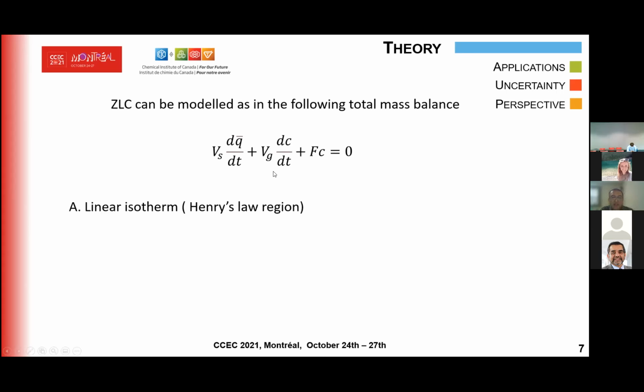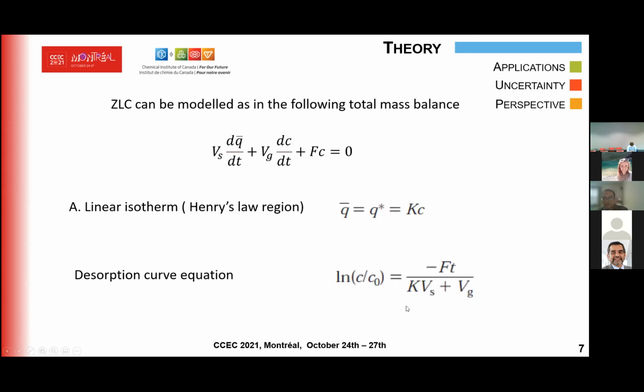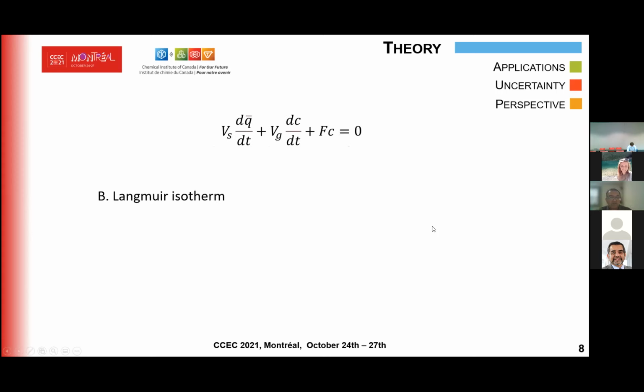If you want to model this further, you need to have an idea of what the isotherm probably looks like, especially in the low concentration region. If you assume a linear isotherm, the desorption curve equation could be described like this. It's going to be a line with this slope, where if you have already run a blank test, you can directly get the value of the Henry constant.